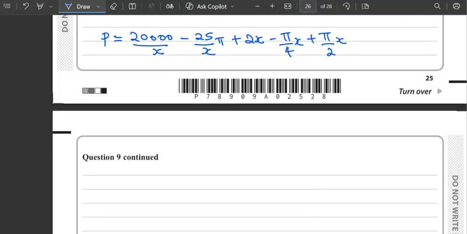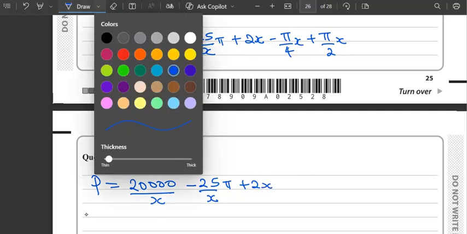Down here we can have P equals 20,000 over x minus 25 over x pi, then plus 2x.